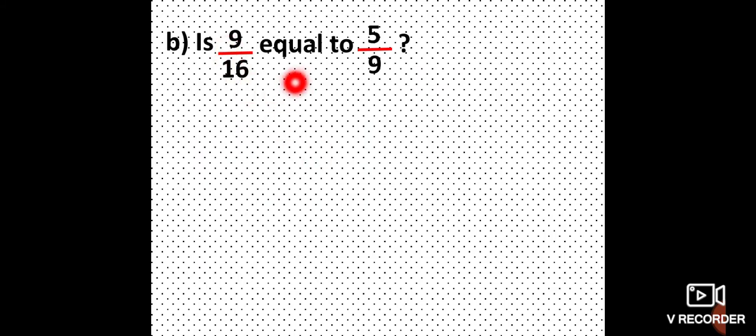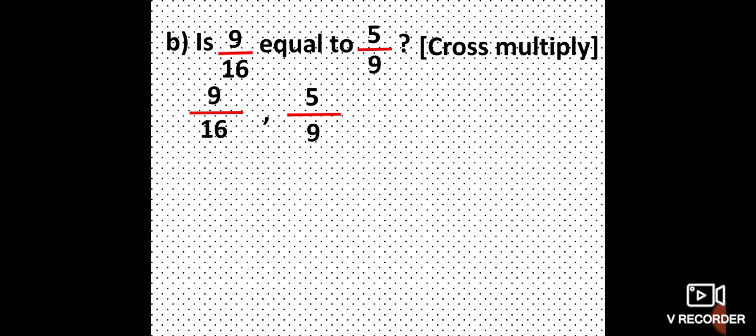9 by 16 equal to 5 by 9? If we can, we simplify the fraction. But here we cannot simplify 9 by 16 and 5 by 9. So here also for equalizing the denominators, we have to cross multiply. 9 by 16 with a 9, that is 9 into 9, 16 into 9.